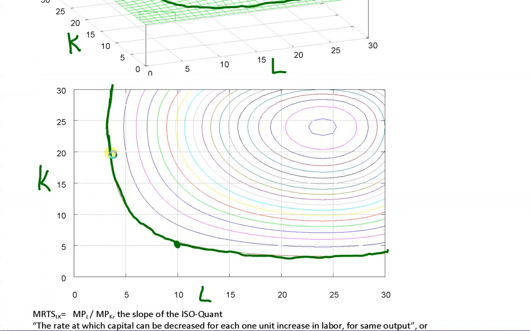Similarly here, maybe 20 capital and, I don't know, 3.5 or so on the labor axis would be able to give you 10 units of output. And similarly, as you go up here, you're getting higher and higher levels of output.